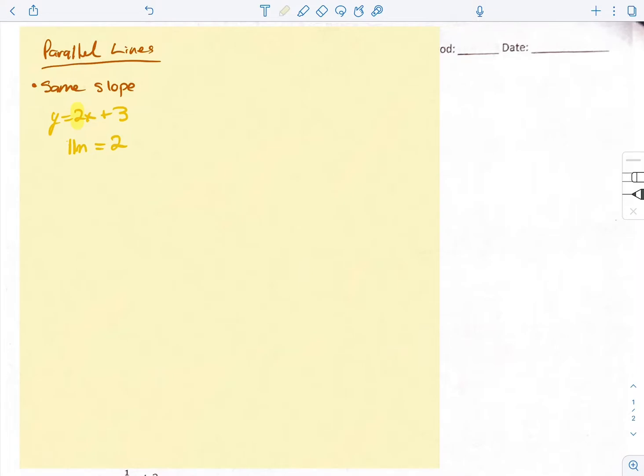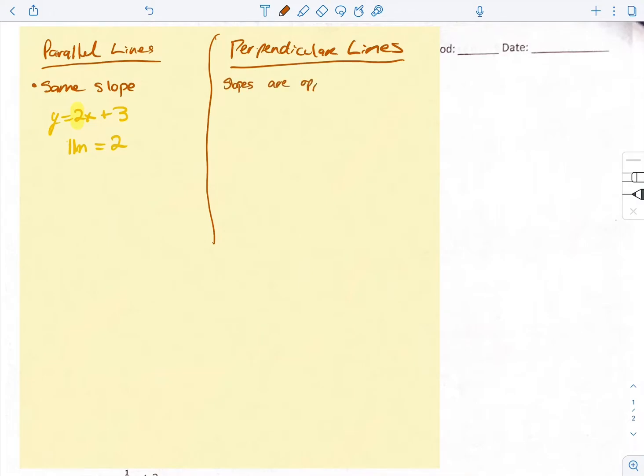All right, what's the second thing? Well, we need to also note that perpendicular lines don't have the same slope. They actually have slopes that are opposite reciprocals.